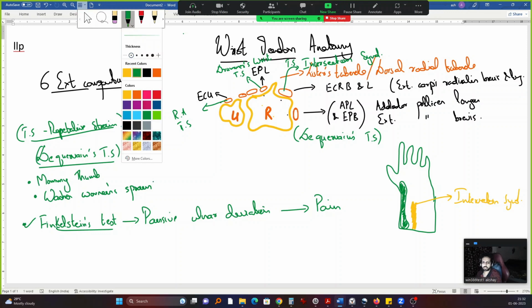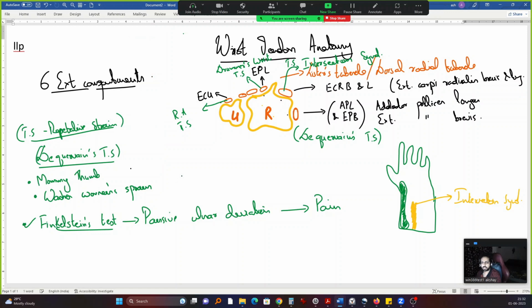In De Quervain's tenosynovitis, what are the imaging findings? The imaging finding is that of tenosynovitis. What do you see in tenosynovitis? On USG, as in any tenosynovitis, you see increased fluid within the extensor compartment, here the first extensor compartment.